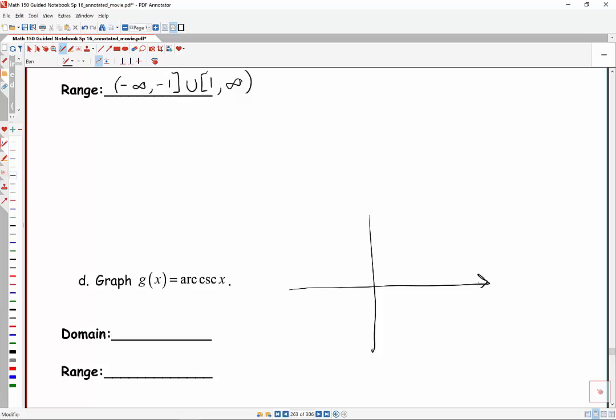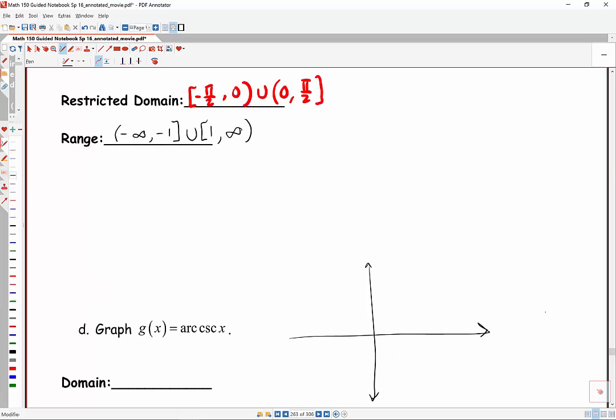We know that our domain from the original is going to be the range of the inverse.